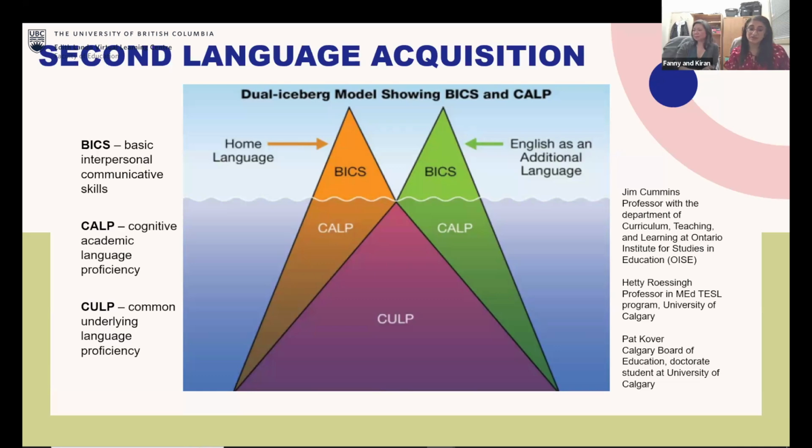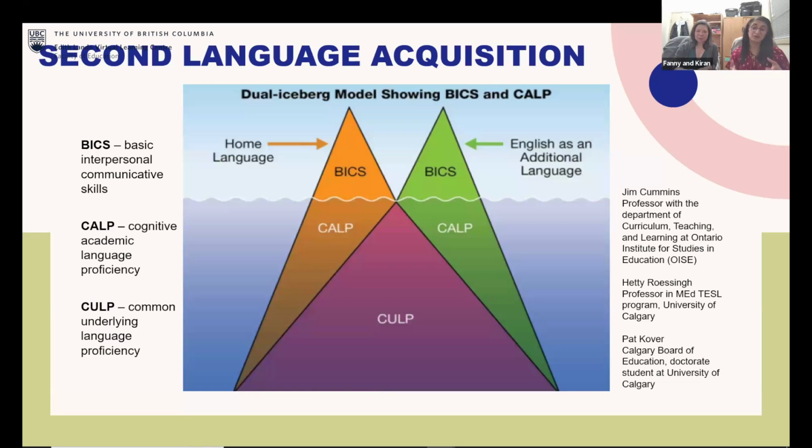The piece in the middle is really important to highlight, and that's CUP, which is Common Underlying Proficiency. In the past, in ELL, we thought of languages as having just sort of discrete boxes in our brain, so that the languages did not interact with one another. Further research has indicated that there is quite a bit of overlap between languages, and so this CUP, as you can see, is underneath the water, and it connects the home language and English as an additional language.